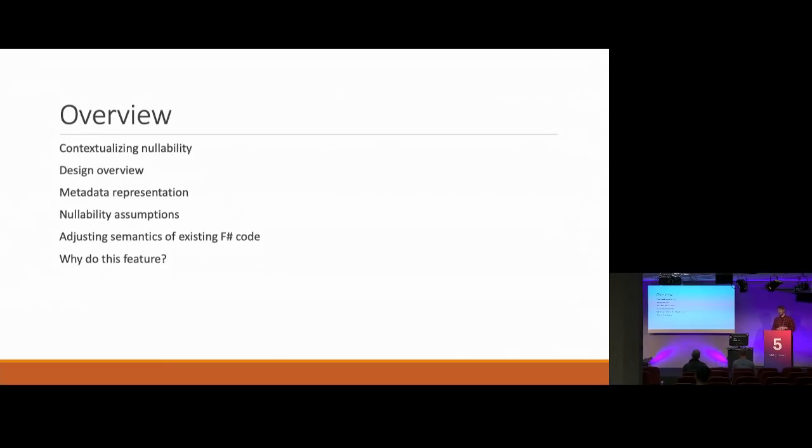Then I'm going to talk about the representation of the metadata itself. We have this beautiful world in F#, but it actually has to be represented somehow so that other compilers can interpret what we emit, and we can read what other compilers emit, and figuring out how that all works together. That leads into these things called nullability assumptions, which is our way of how the compiler interprets certain things that it sees.